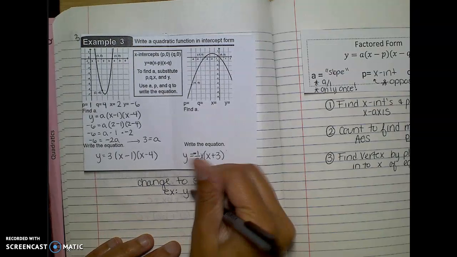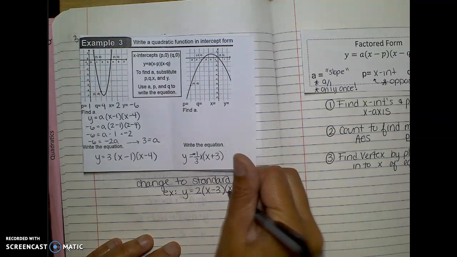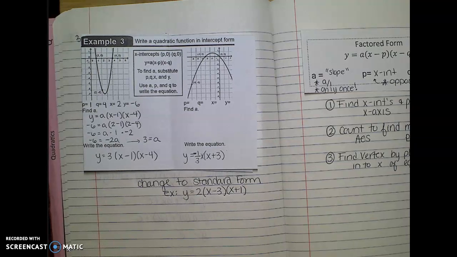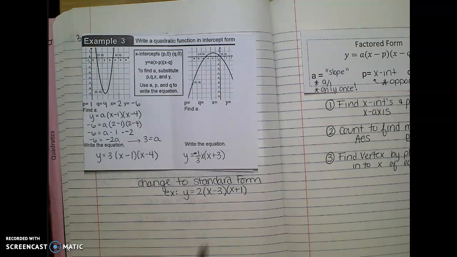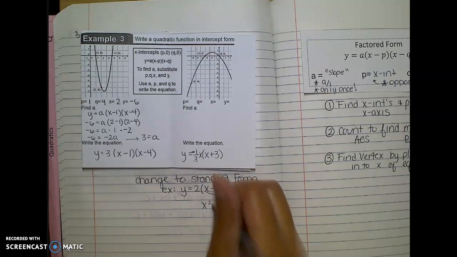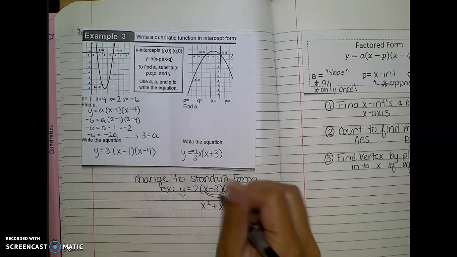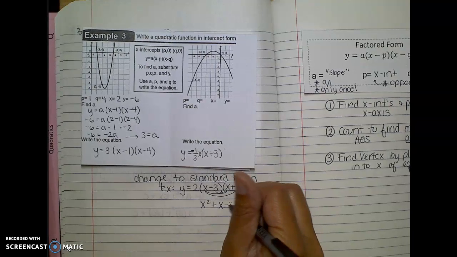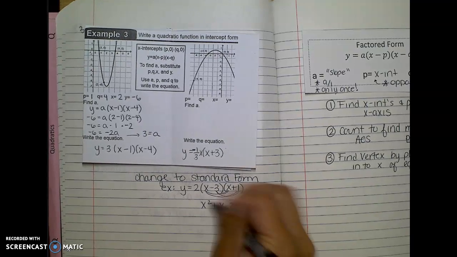So for example, if I have y equals 2 parenthesis x minus 3 parenthesis x plus 1, I can't do what's in parentheses, but I can multiply the parentheses by each other by using FOIL, or a Punnett square, or good old-fashioned multiply. Either way I have to distribute x to x for x squared, and then x to the 1 for positive 1x, then the negative 3 to x, so negative 3x, and then last, negative 3 times 1, which is negative 3.